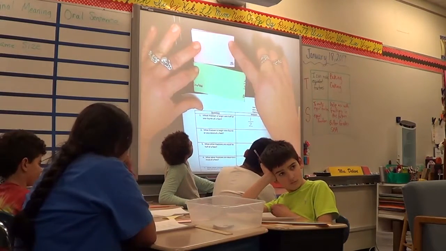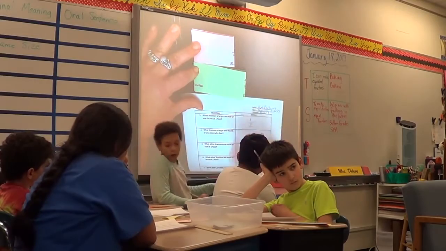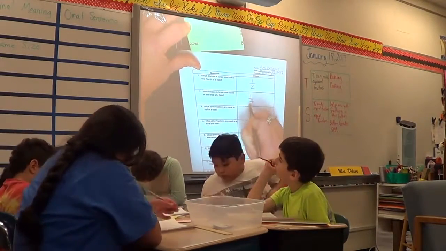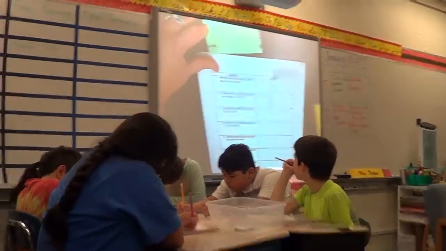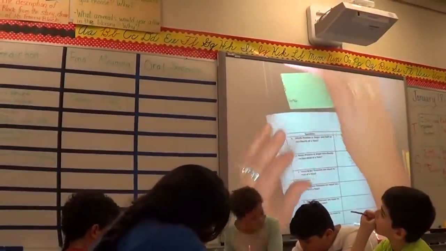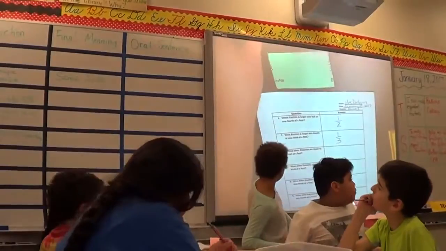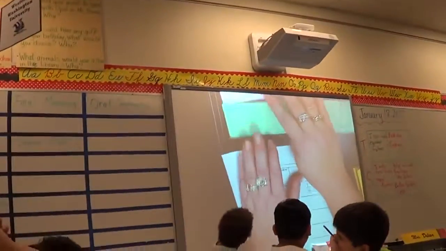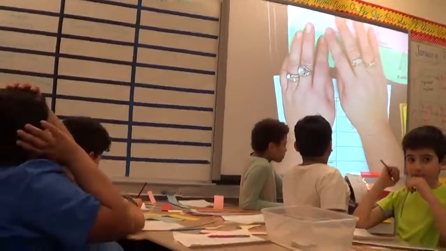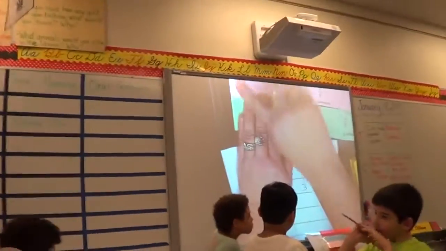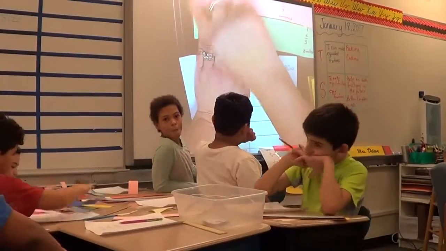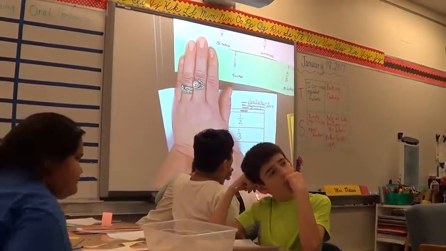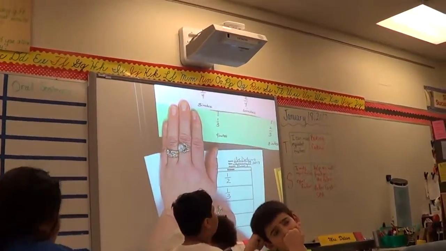Is it the 1/4 or the 1/3? 1/3. Okay, so I'm going to put 1/3. The other way you could do this is, not like this, but in both cases you need to make sure that the ends are matching up. Because if you don't match them up, it's going to be hard to tell which one is larger.